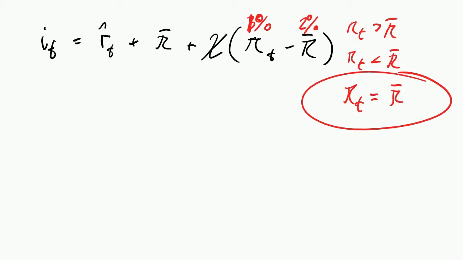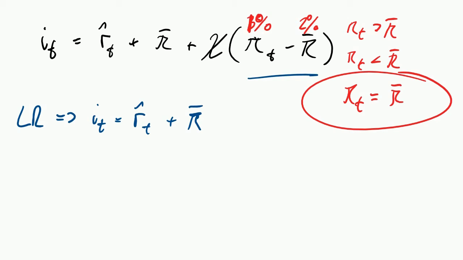Well, if that's the case, then we can rewrite the equation as follows. In the long run, the nominal interest rate equals the following. Now, if pi t equals pi bar, then that expression there is simply 0, so we eliminate it entirely. And then we're left with the following. As we stated, pi t must equal pi bar, so we have the nominal interest rate equal to the estimated real interest rate plus pi t.